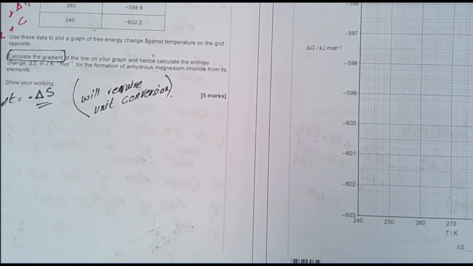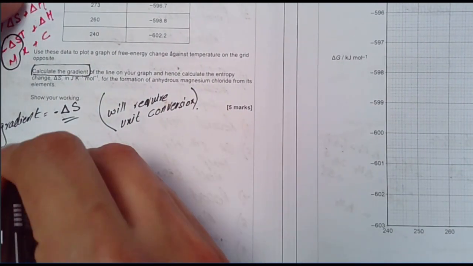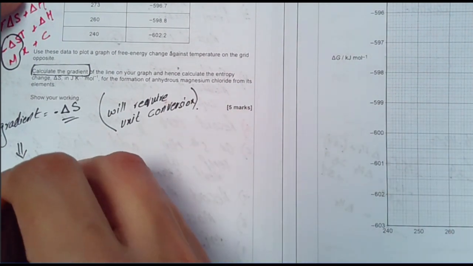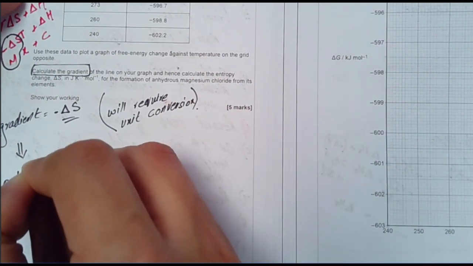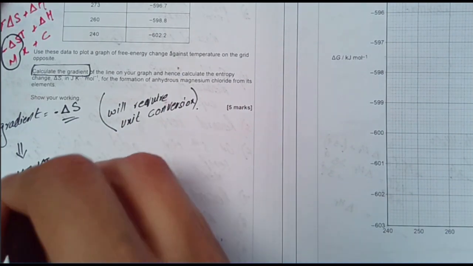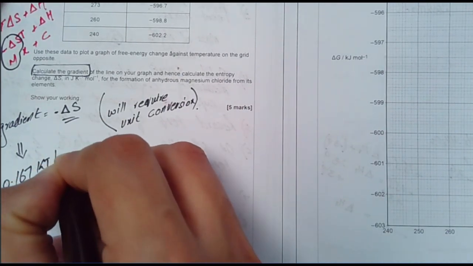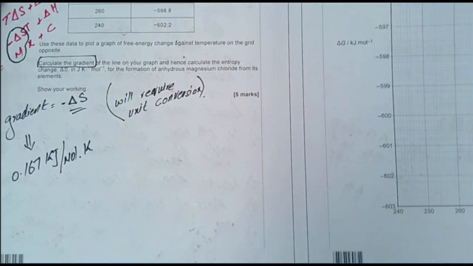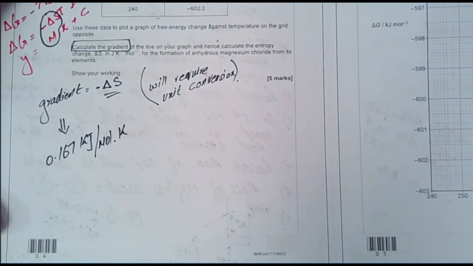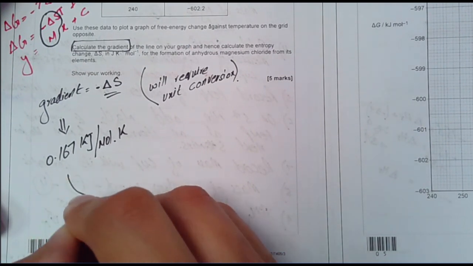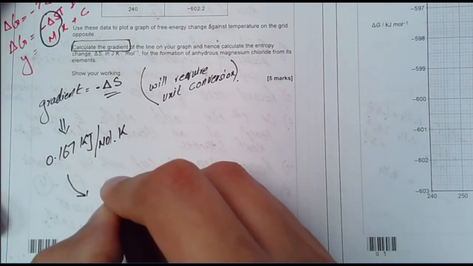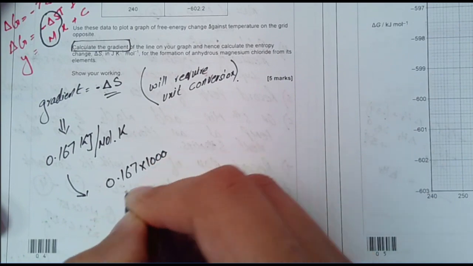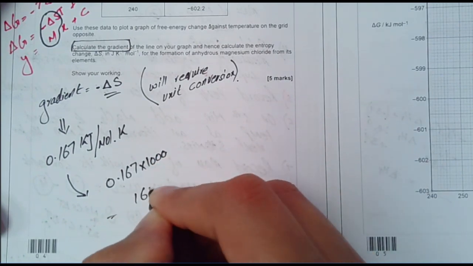So the gradient value for this turns out to be 0.167. It will be kilojoules per mole per Kelvin, so I'll have to change this into joules, which is 0.167 times 1000.